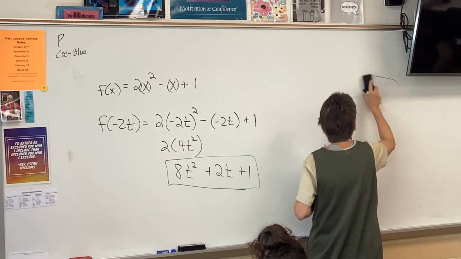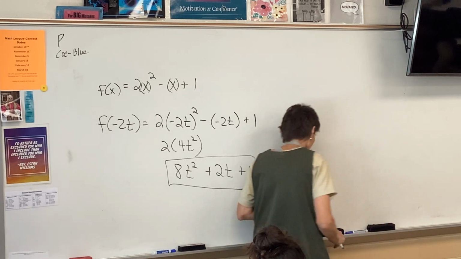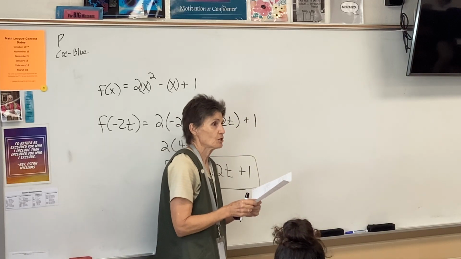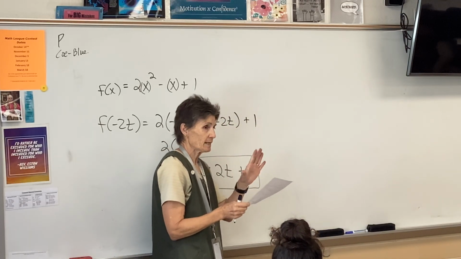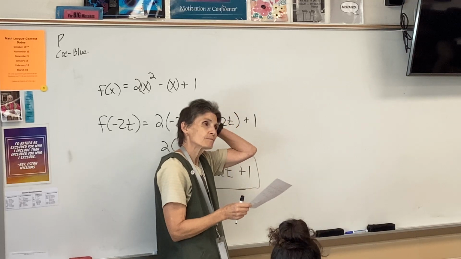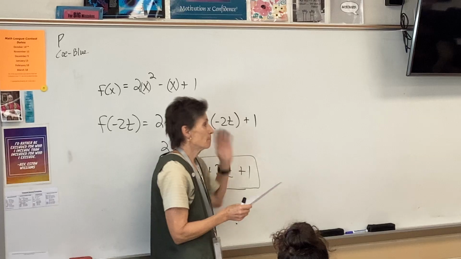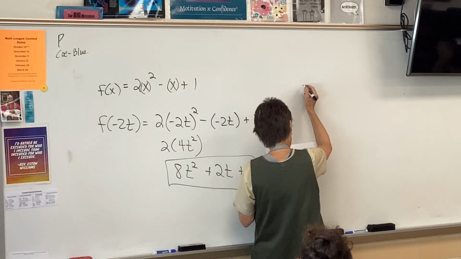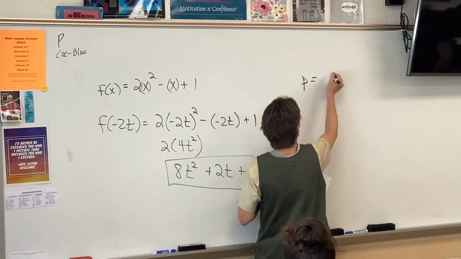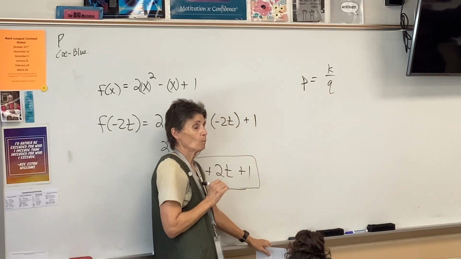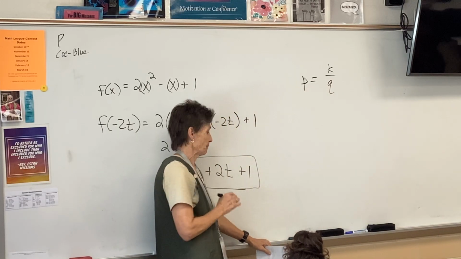Now the next one, you gotta remember what inverse variation looks like. So P varies inversely as Q. Stop right there. What does that look like? P equals K over Q. What would it be if they varied directly?